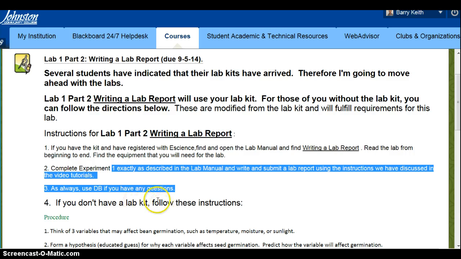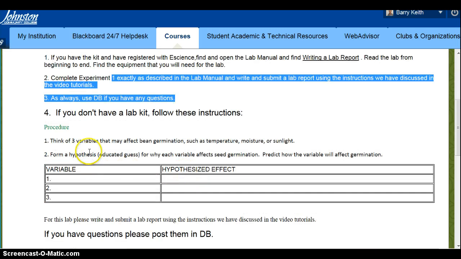Now, if you don't have a lab kit, do the same thing. Instead of actually planting the seeds, imagine you have seeds to plant. Just imagine if you have seeds to plant and you plant them, and imagine some variables, and what is the effect of too much water, too little water, salt water versus fresh water, sunlight versus no sunlight.